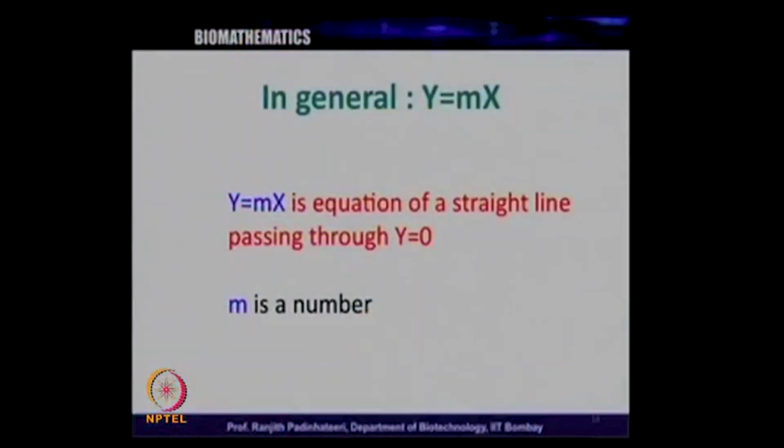So, in general we could say that y equal to mx is basically an equation of a straight line passing through 0, where m is any number. So, 1x, 2x, 3x, 4x, it could be even minus 5x, m could be a negative number, and we will see later how the graph changes when m is a negative number.